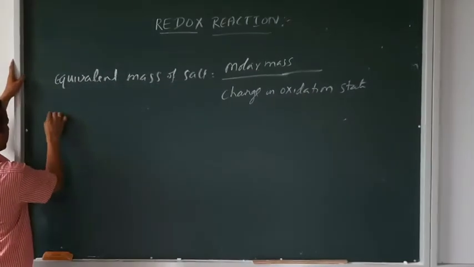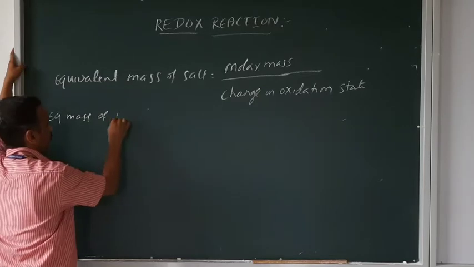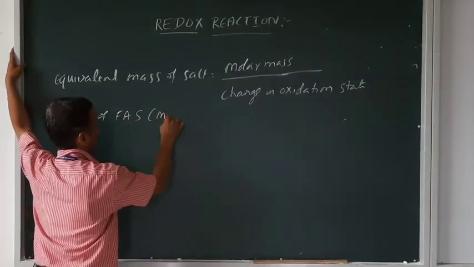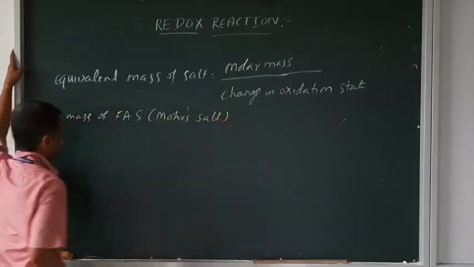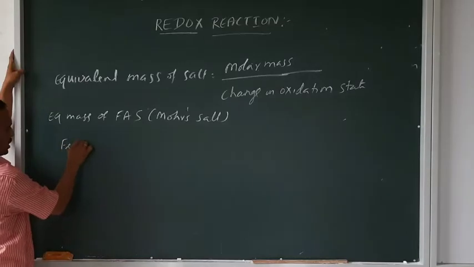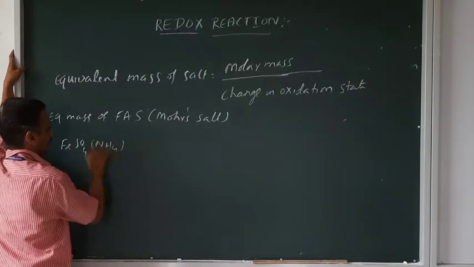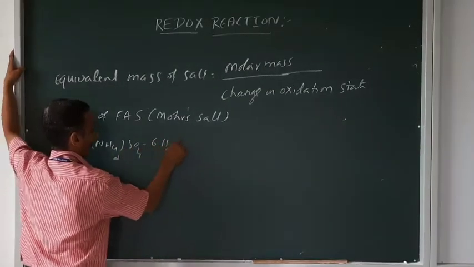Now, equivalent mass of ferrous ammonium sulfate, FAS, also known as Mohr's salt. Formula is FeSO4 (NH4)2SO4 6H2O.